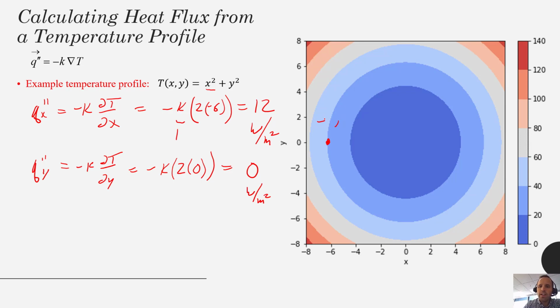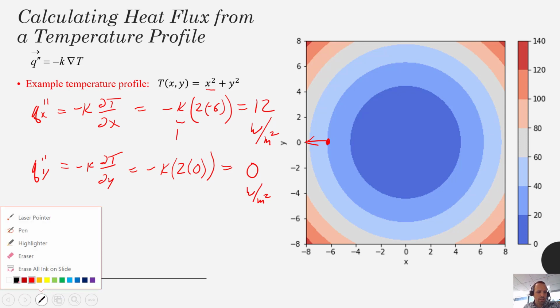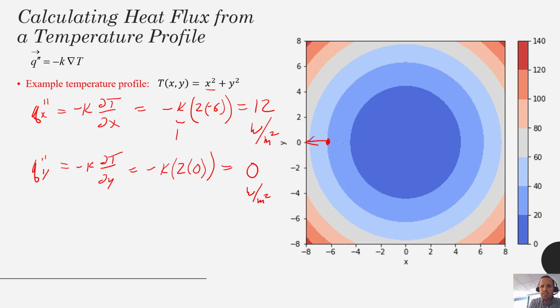So in the x direction, we have our gradient pointing this way, which means we're going to expect heat to flow from left to right. So heat is going to be flowing this way.